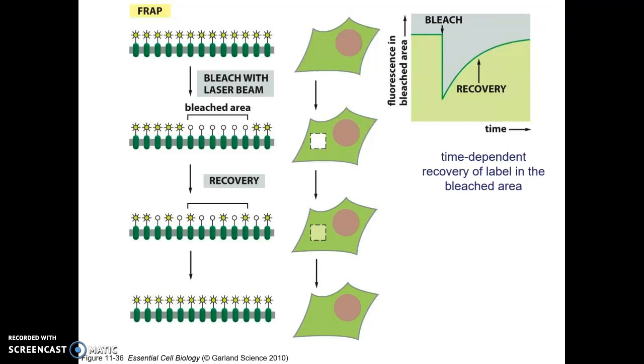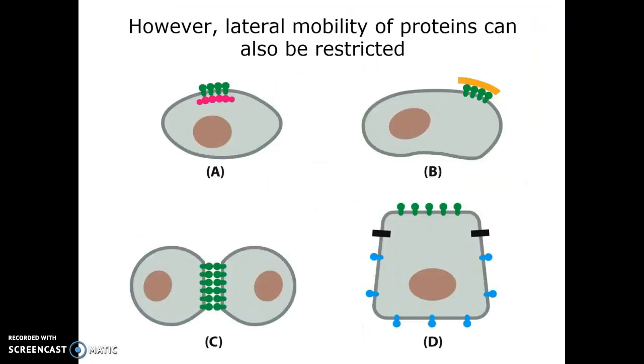And then over time, the fluorescence will recover because the GFPs on either side of the bleached spot move into that spot. And so this is called fluorescence recovery after photobleaching, or FRAP. And it is a method for studying how fluid a membrane is.